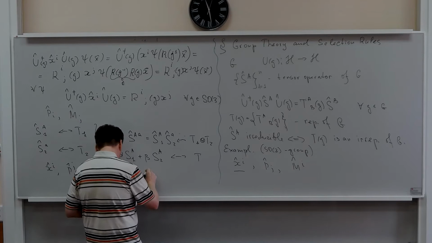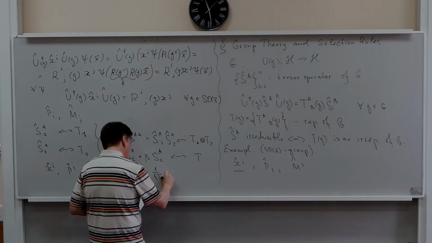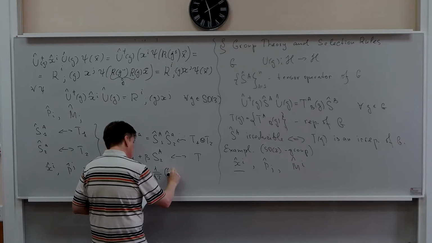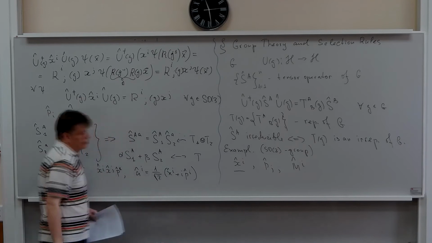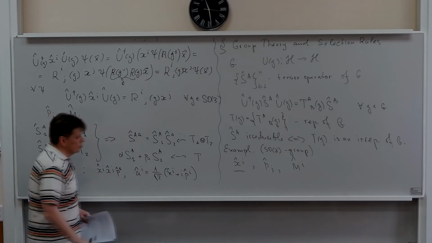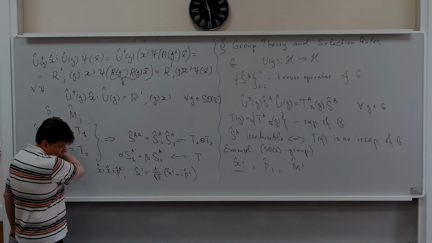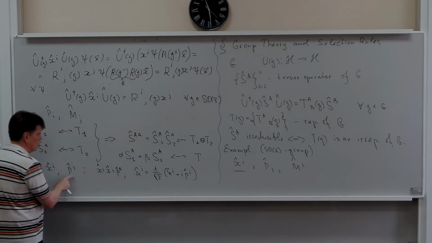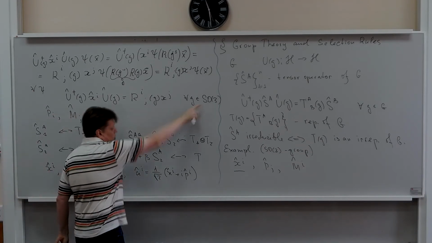Another example is the annihilation operator. We just take a linear combination of the irreducible operators x and p, which transform according to the vector representation of SO(3).